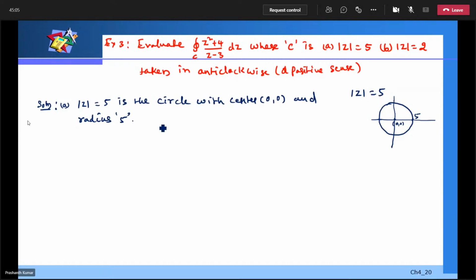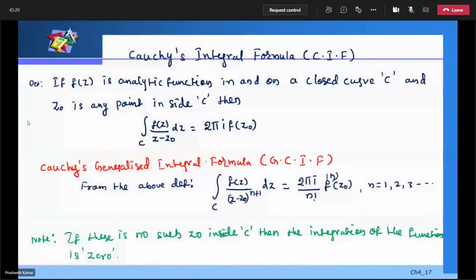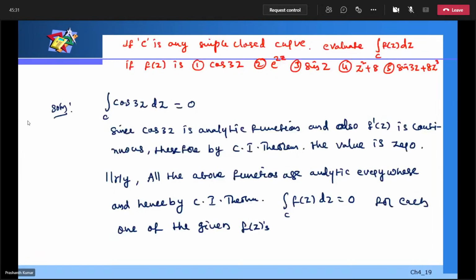First, we want to check whether the given function is analytic or not.